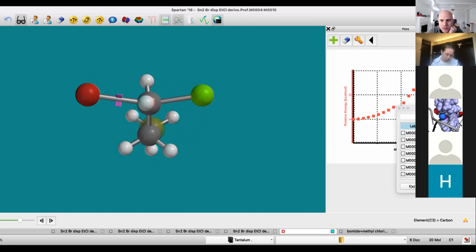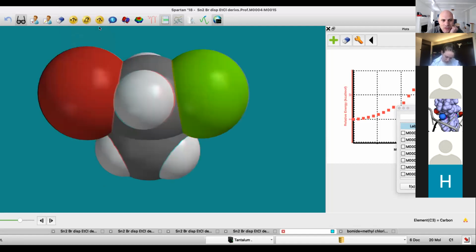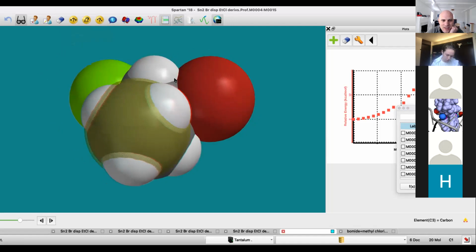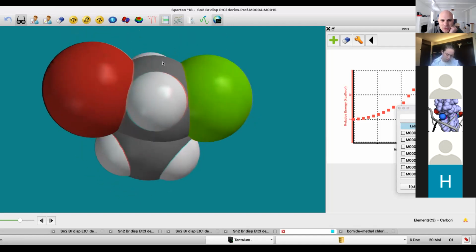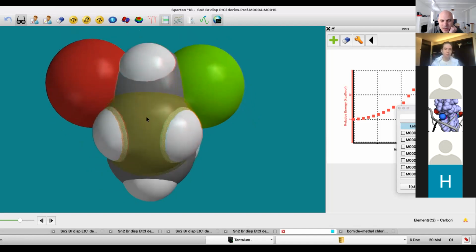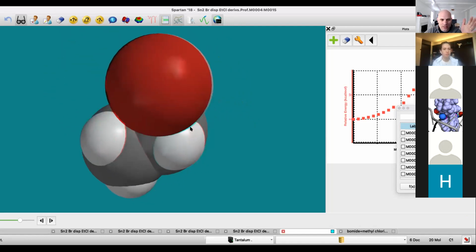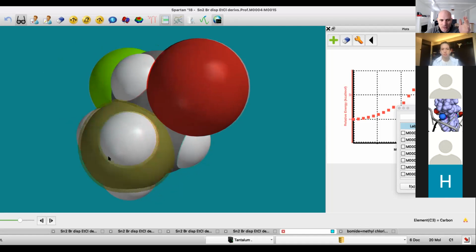And what you're looking at is the transition state, the highest point on the curve, okay? And if we go to the space fill, what you can see is that now things are starting to get more crowded, right? So here's the carbon that bears the leaving group. Here's the one that's directly attached to it, okay? And then the beta branch is the methyl group, and that's in the back, okay?